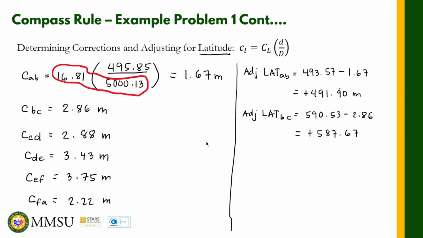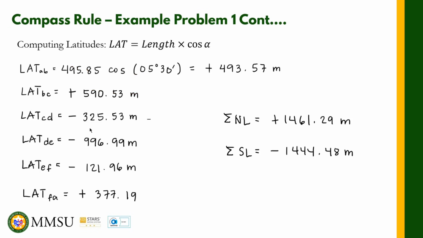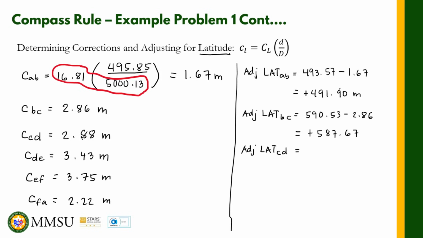587.67. Okay? Sa susunod, we have adjusted latitude of CD. For the adjusted latitude of CD, ang original latitude natin ay negative 325.53 meters. Tapos, since this is negative, mag-add tayo ngayon. I-add natin yung 2.88.